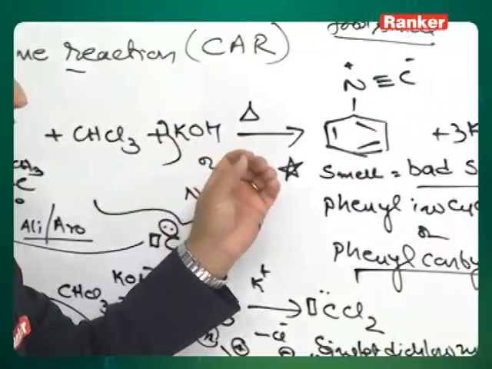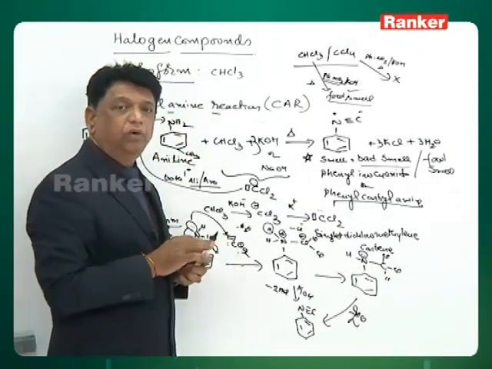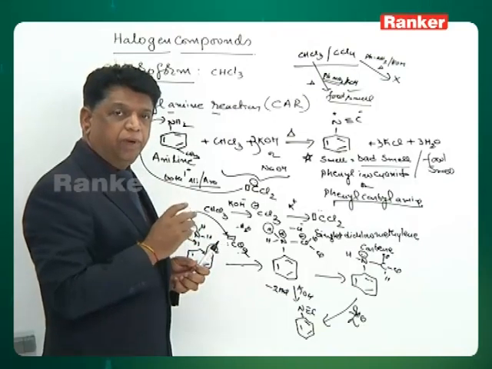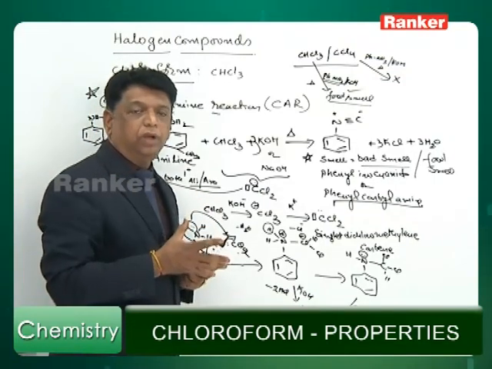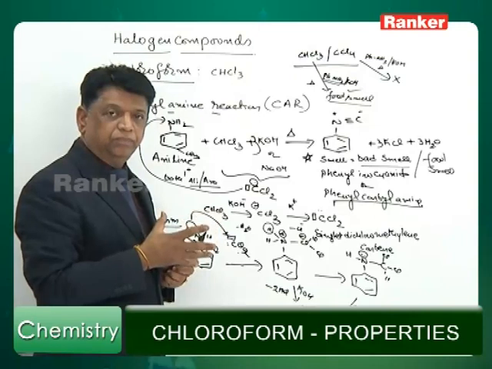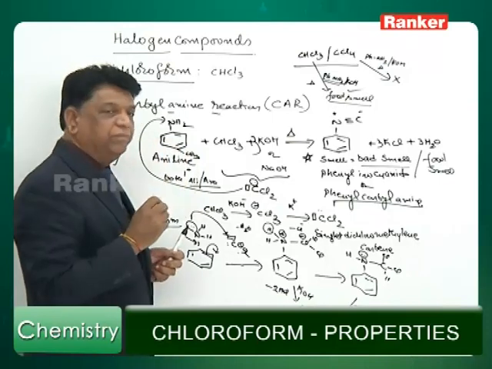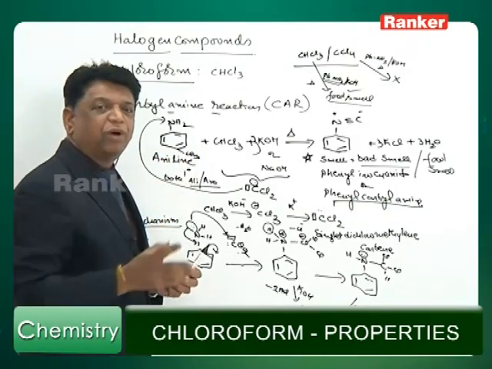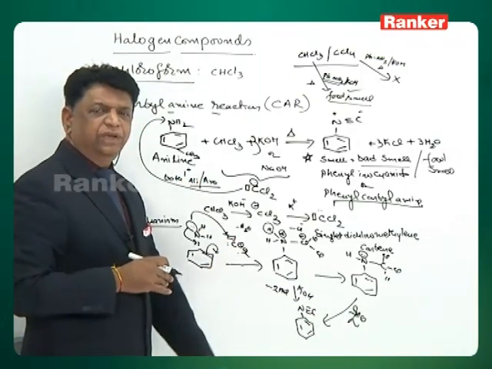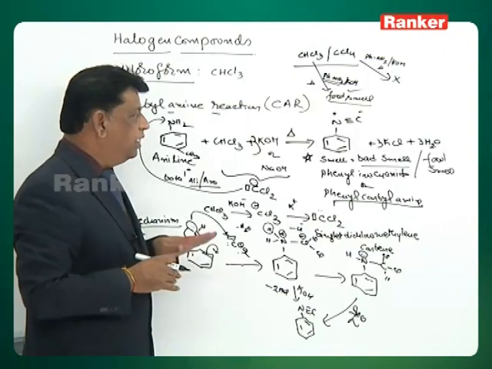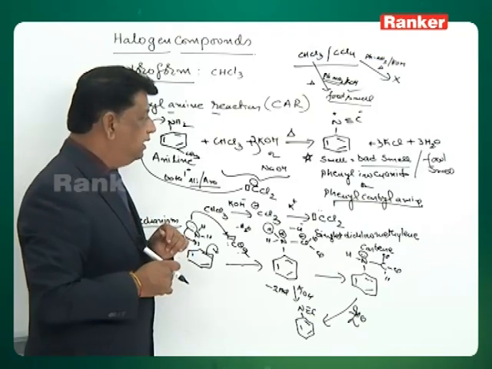This smell is very, very peculiar, and it is said that it works at the ppm level. ppm means parts per million, that is, 1 part out of a million parts. In 1 kilo, that is 1000 grams, a million milligrams, 1 milligram is called a millionth part, isn't it? Even at that level this compound will give a prominent smell. Generally in very dilute cases we describe it as ppm levels.